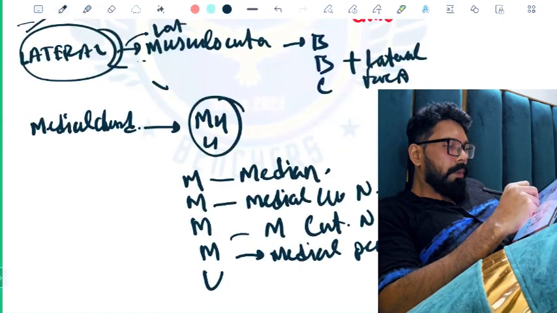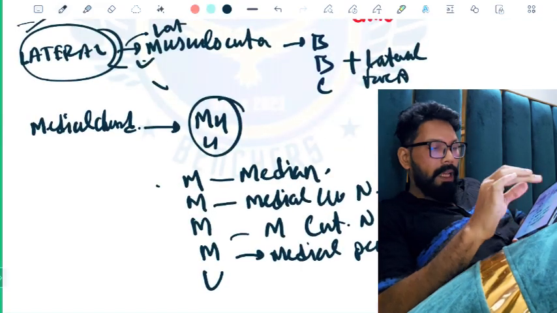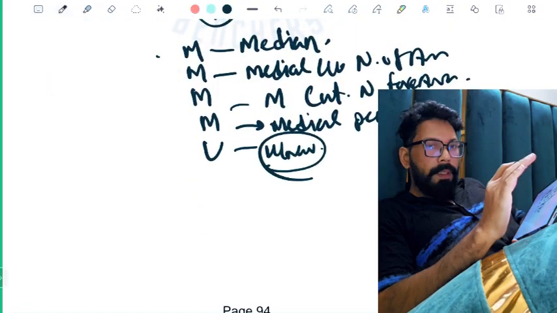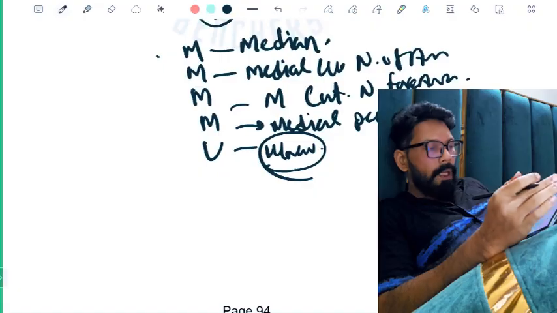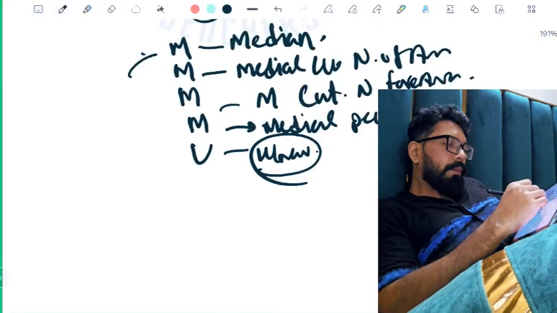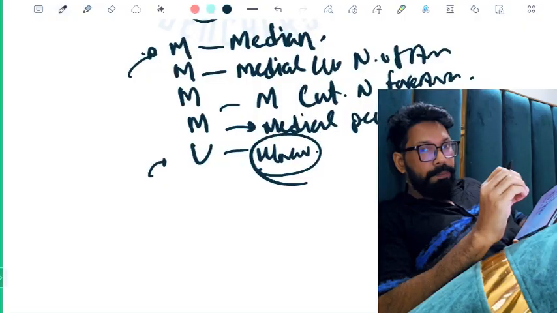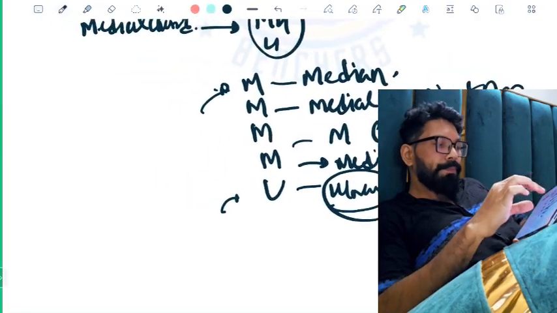First remember these, then if you can, remember those. Then we have ulnar. But do you need to know all of them? M for U is very easy to remember, but if you can't, just remember the median nerve and ulnar nerve. Both are coming from the medial cord.